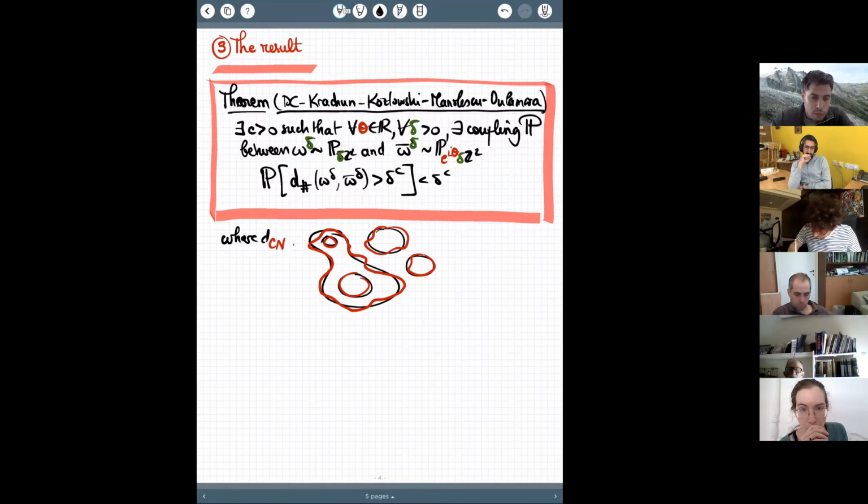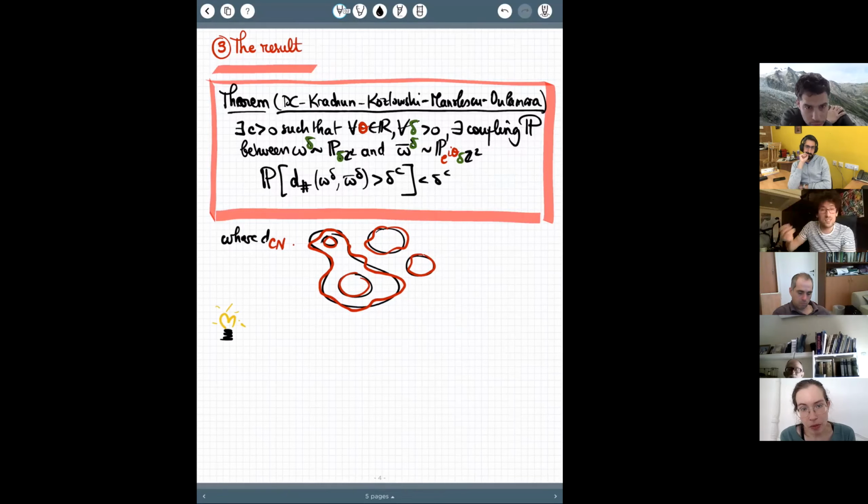Here, it's good to mention a few things. This theorem doesn't involve omega continuous in the statement, right? It's something about omega delta. It's actually a quantitative kind of rotation invariance, okay?